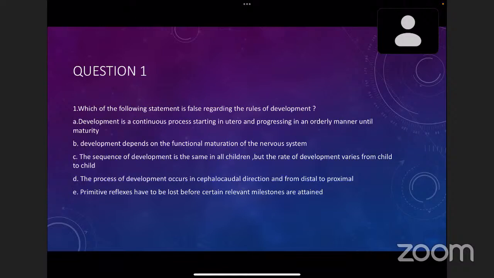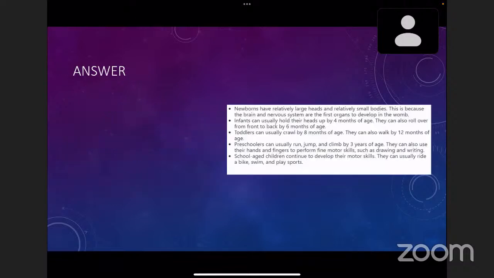And the fifth option is also right, because your primitive reflexes have to be lost before certain relevant milestones are attained. For example, your asymmetric tonic neck reflex has to be lost before the child can roll. So these are the 6 rules of development. First, development is a continuous process, from utero until maturity occurs. Second, there must be CNS maturation before you can acquire a skill.